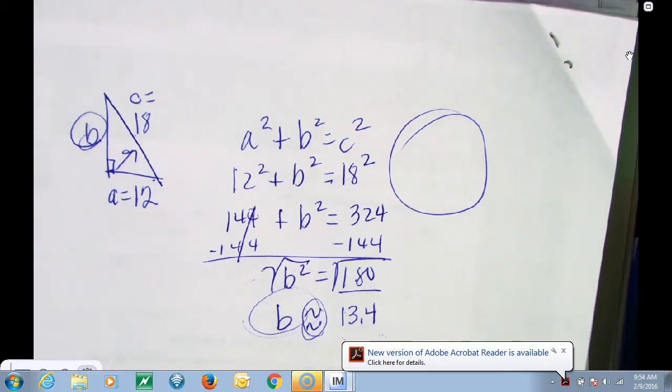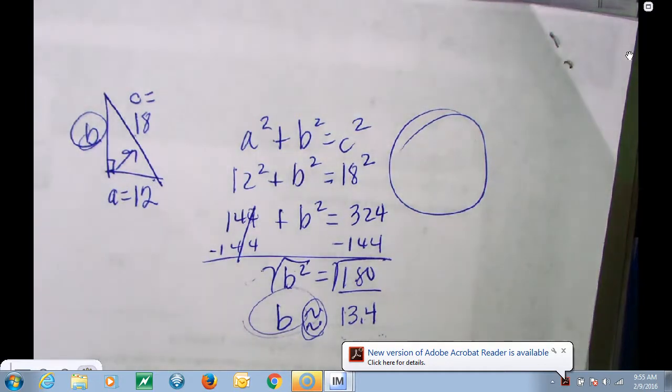On page 239. 1, 2, 7, 8. On page 240. So on page 239, you circled 1, 2, 7, and 8.